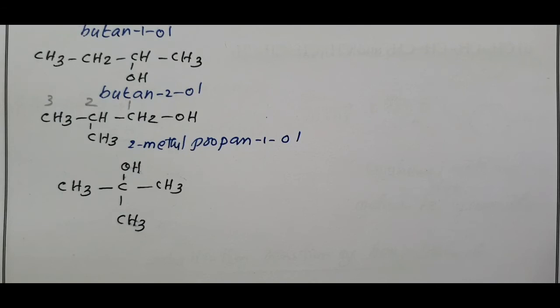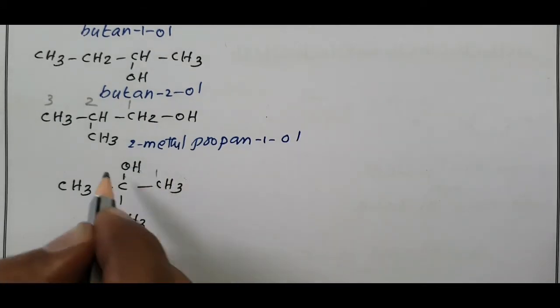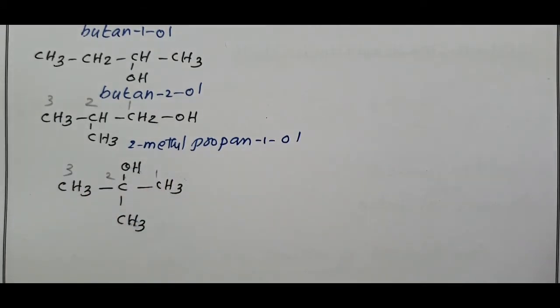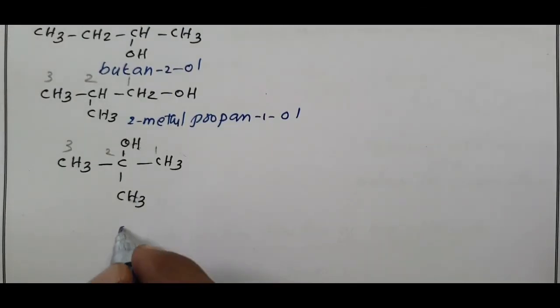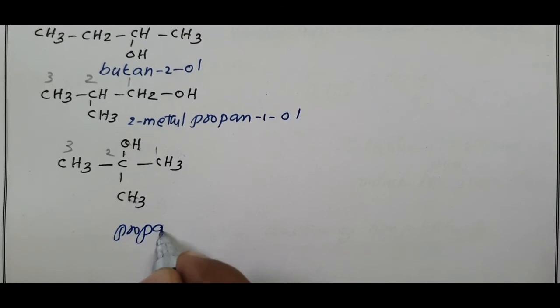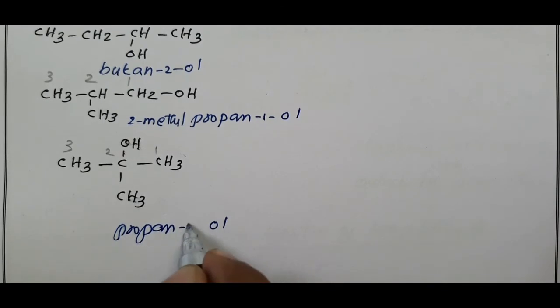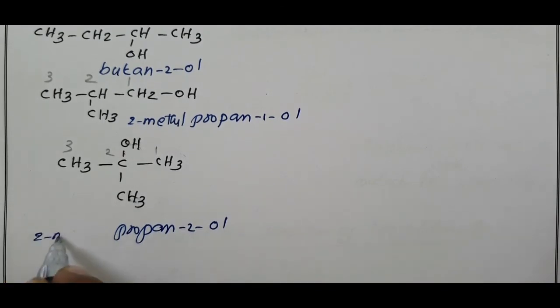Now giving numbering 1, 2, 3, this is the main chain. 3 carbon atoms, prop, single bond, ane, OH ol, position of OH on the second carbon containing methyl: 2-methylpropan-2-ol.